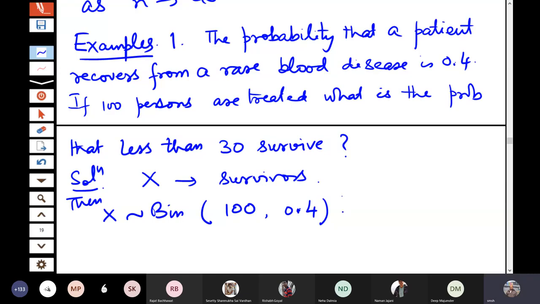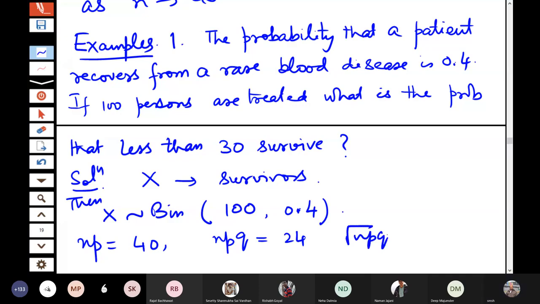So we go for the normal approximation. np is equal to 40. What is npq? npq will become 24. So root npq is equal to 4.899.